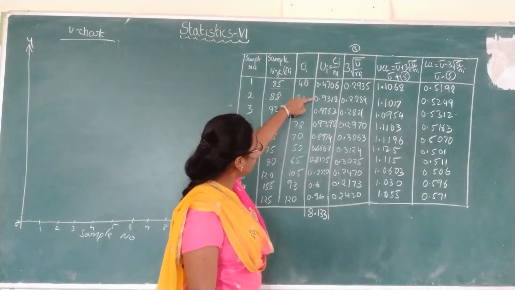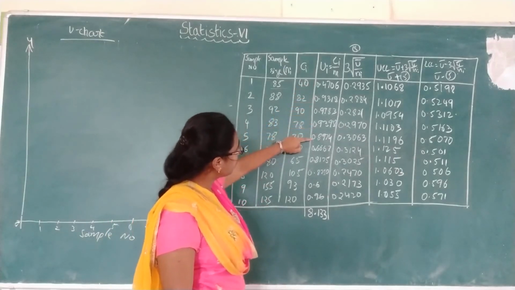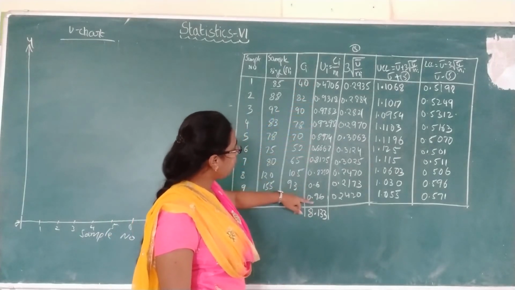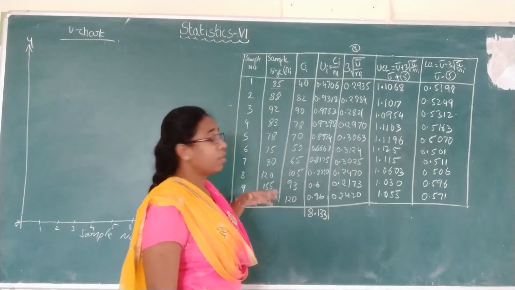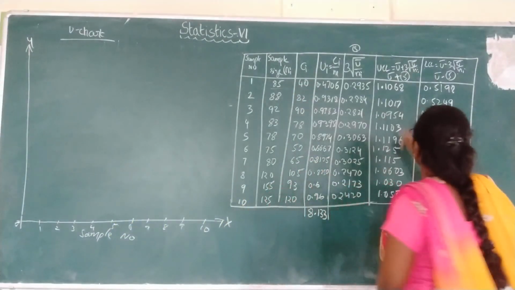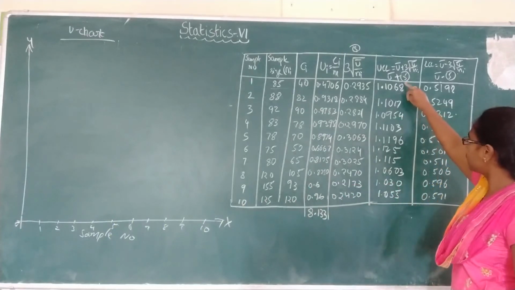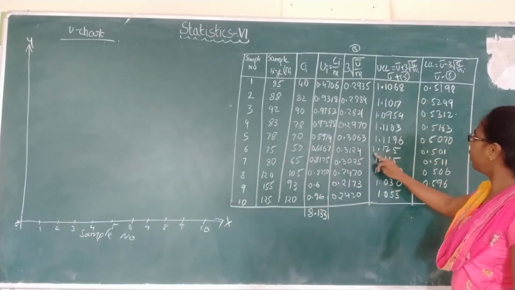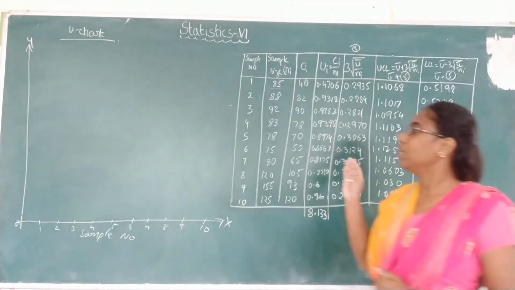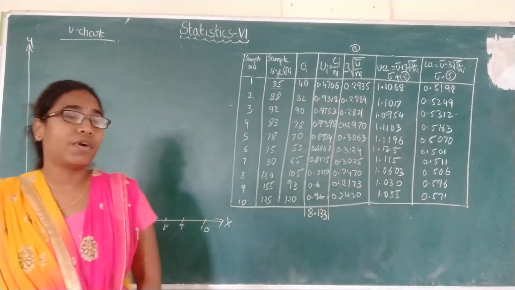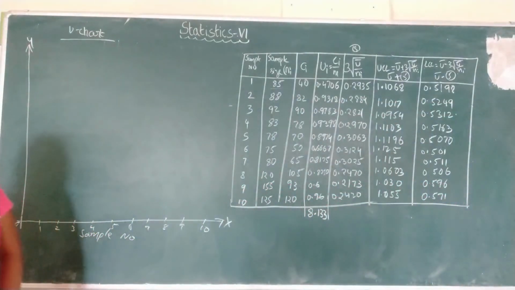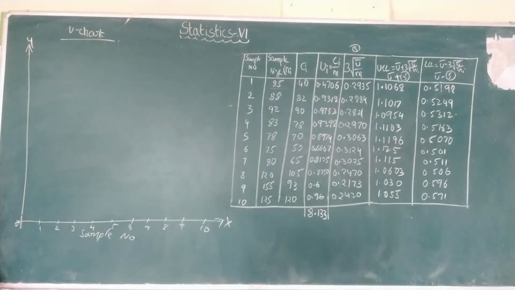observe in Ui, the larger value is 0.97. So you want values up to 0.97 here, and if you observe UCLs, the largest value is 1.12. So you want the values up to 1.12 or 1.14. So I will take the scale as 0.1 only.